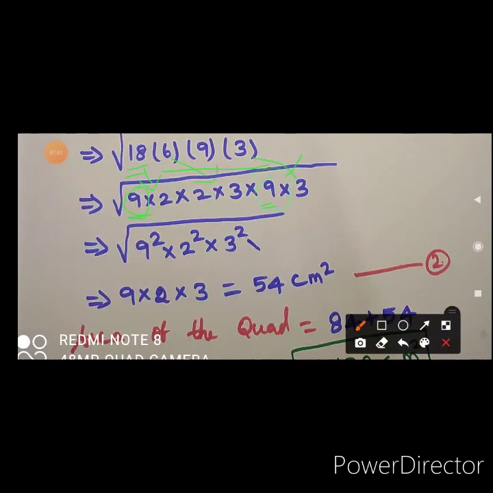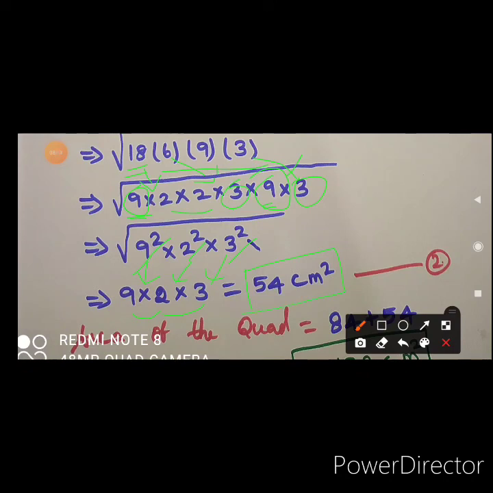So 9 square. 2 into 2, 2 square. 3, here also 3. So 3 square. So we are removing the square root. So here 9, here 2, here 3. So 9 into 2, 18. 18 into 3, 54 centimeter square.